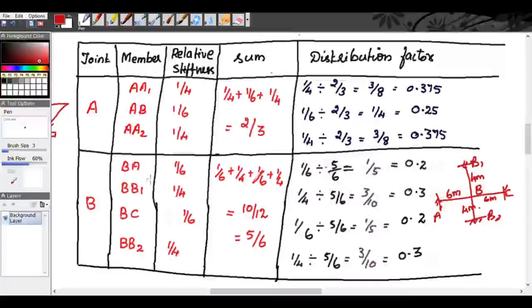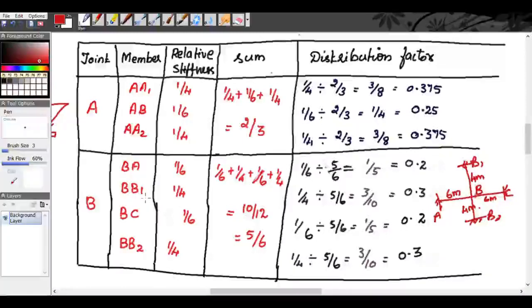So what we get is, for BA, the relative stiffness is 1 by 6. For B1, the relative stiffness is 1 by 4. For BC, the relative stiffness is 1 by 6 and for B2, the relative stiffness is 1 by 4. Taking the summation of all, we get 5 by 6. So the distribution factor for BA is 1 by 6 divided by 5 by 6, we get 0.2.